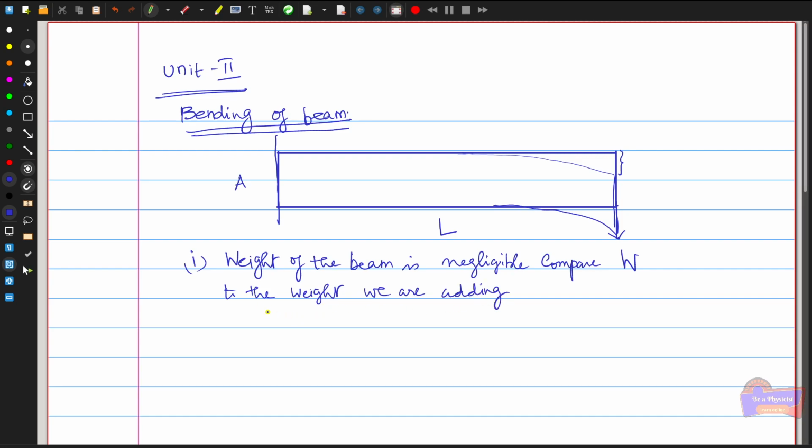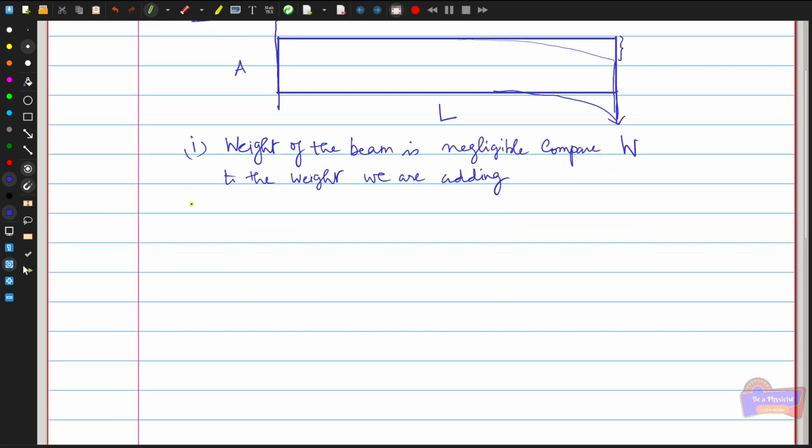The second assumption, as I already told you, is that the shearing stress, that means the shearing forces, can be neglected, because the length is much larger than the other dimensions.